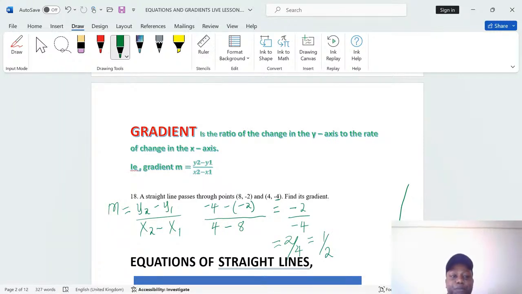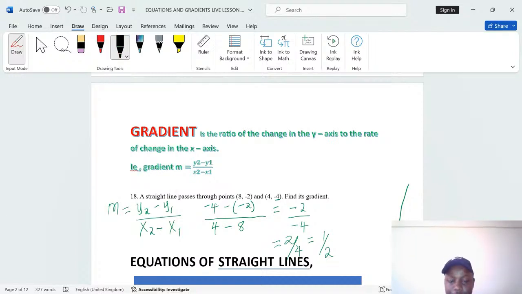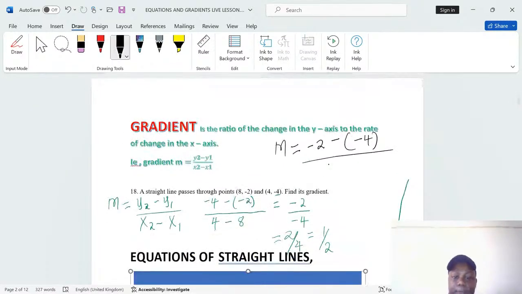The same can be obtained if we take the gradient to be given by the first y coordinate, -2, minus the next y coordinate, -4. Then we divide this by change in x, so we take 8 minus 4.